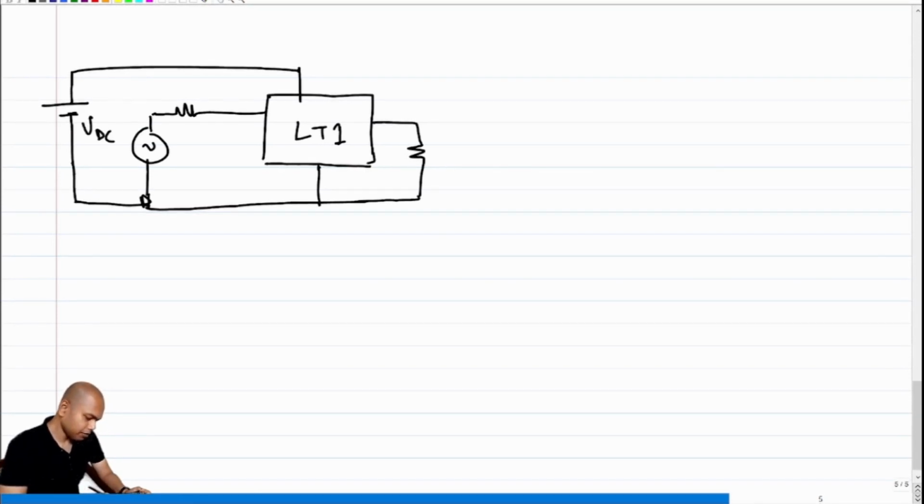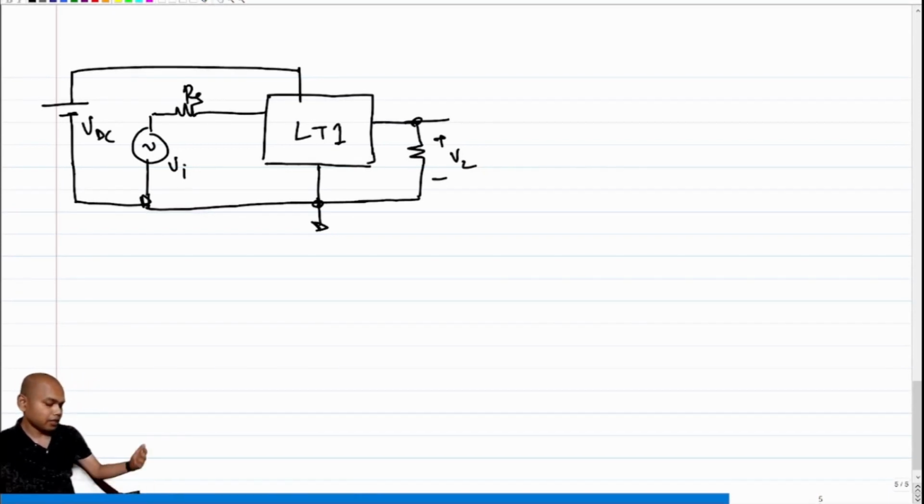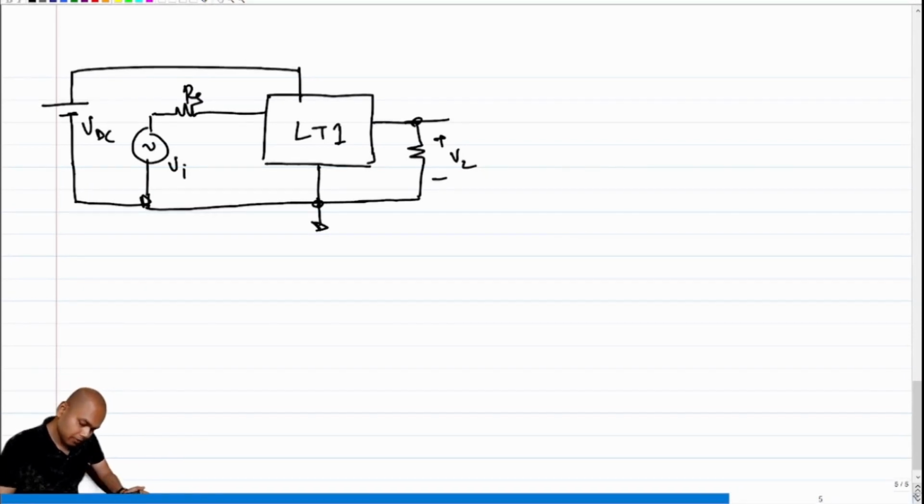The main reason we are unable to get power amplification at this output terminal V2, power amplification of the sinusoidal source of V in, is simple.